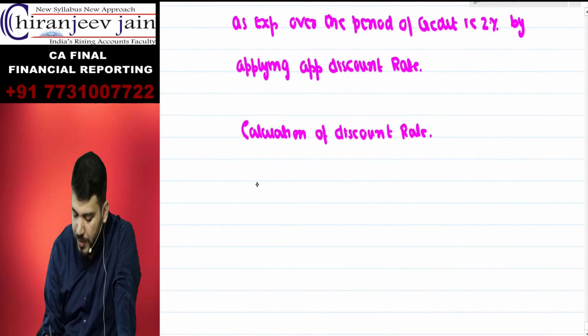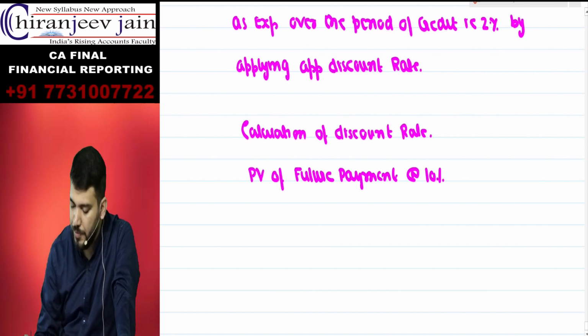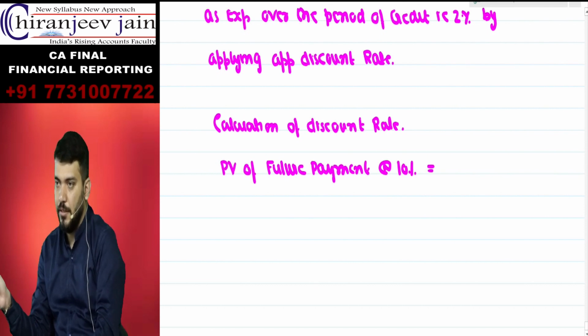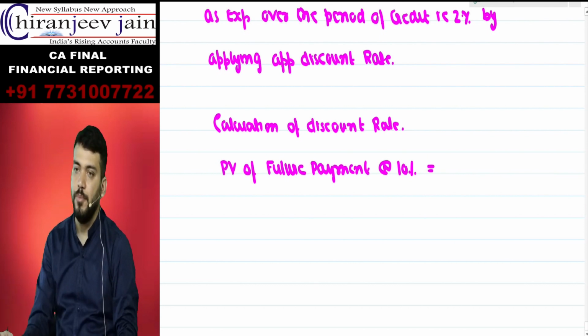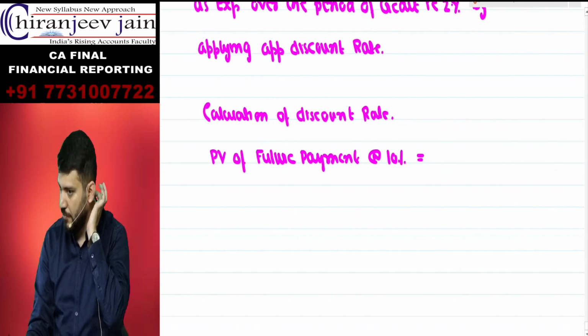So you will give me present value of future payment at 10%. Means 1 crore 20 lakh is paid at the end of 2 years. So find out present value at what? 10%. How much is coming?